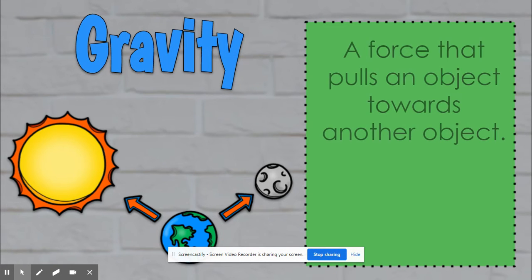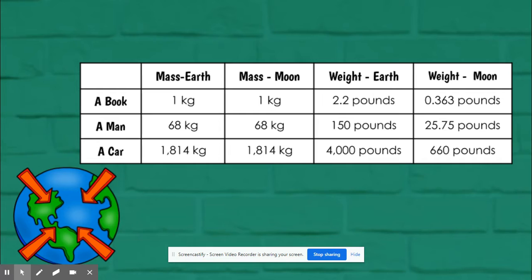So now we're going to talk about gravity. Gravity is a force that pulls an object towards another object. We've always talked about a force that pulls an object towards the Earth's core, which is called gravity, but it also happens within our solar system. There is gravity between the sun, the Earth, and the moon.